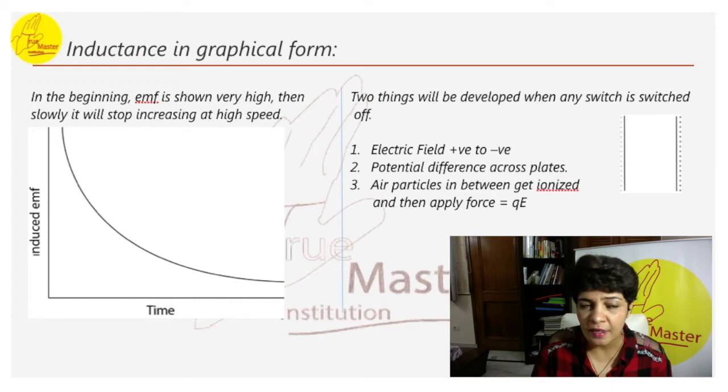So a potential difference across these two plates is formed, and the air particles in between get ionized and experience a force qE, and this causes a big spark around the switch.